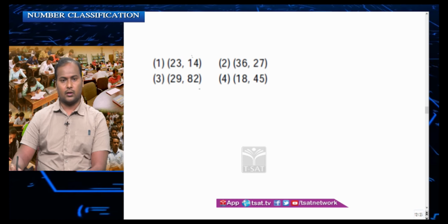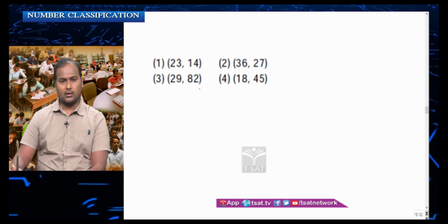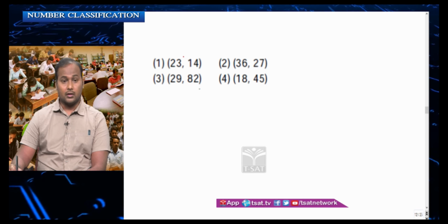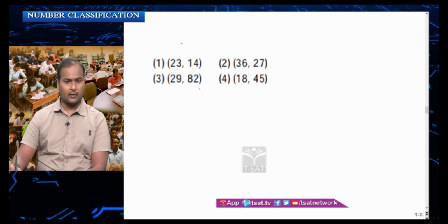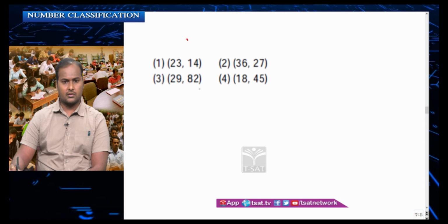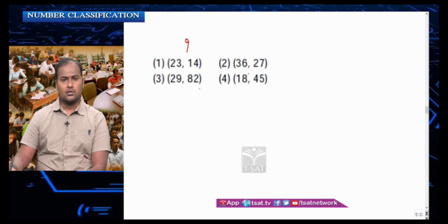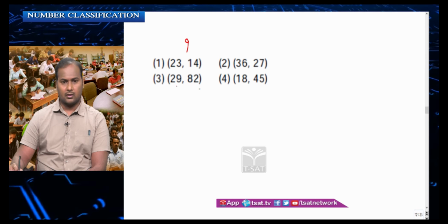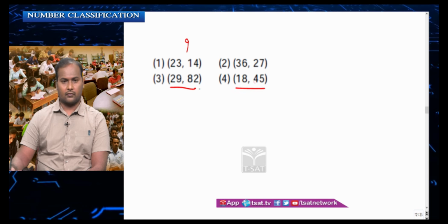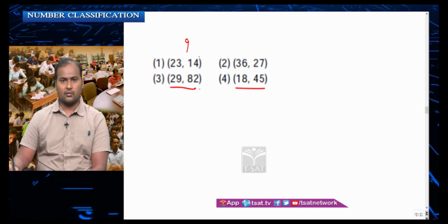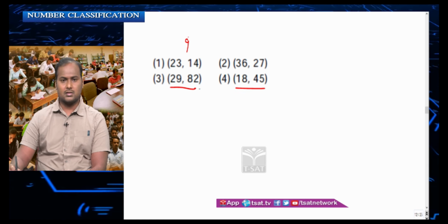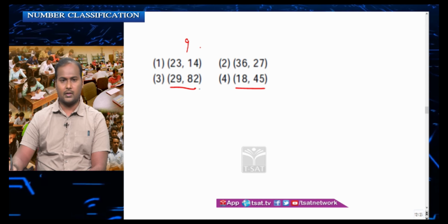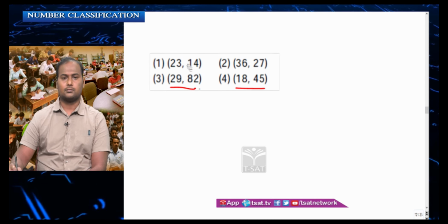The moment I see 14 and 23, they are not very far, they are very near. The difference comes to 9 here. Here also there is not much difference, 27 and 36. But you can see here 29 and 82, 18 and 45, I can't come to that range of difference. You can't see the same difference in all of these, right? So I can't take this one.